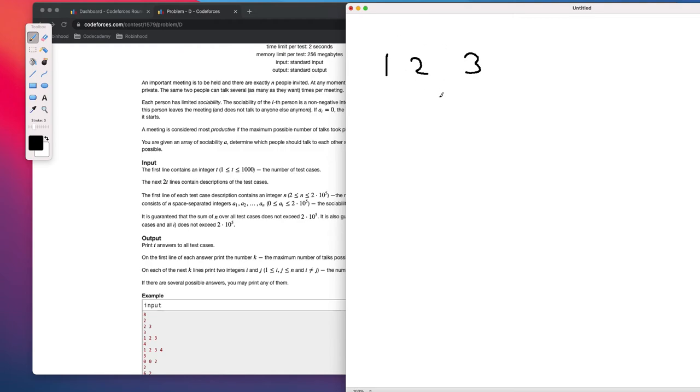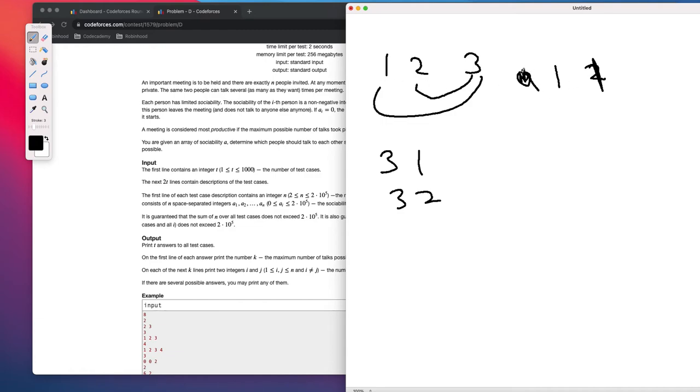So what we can do here is, let's say this third person goes and talks to these two people. One would be 3-1, one would be 3-2, and because 1 is also talking to 3, its score becomes 0, and this becomes 1, sorry, because this person is talking to both. 2 is talking to 3 once and 1 is talking to 3 once.